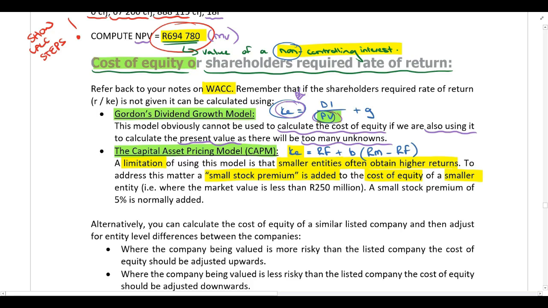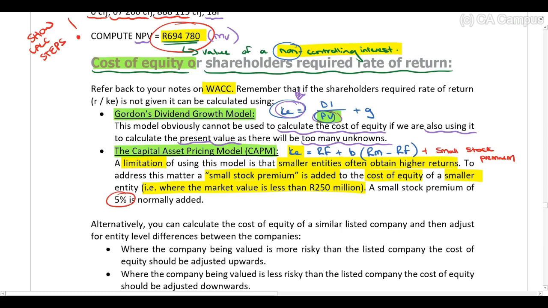So if a company has a market value of less than 250 million rand, that is classified as a smaller company, and we then add a small stock premium. And normally a small stock premium of 5% is added.